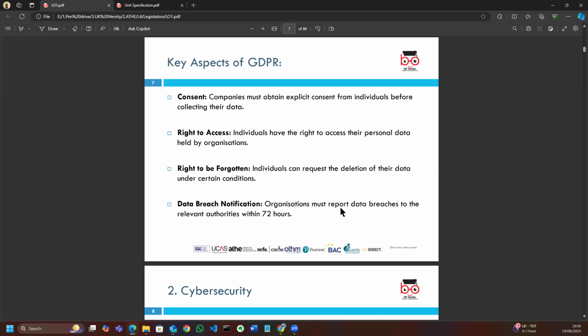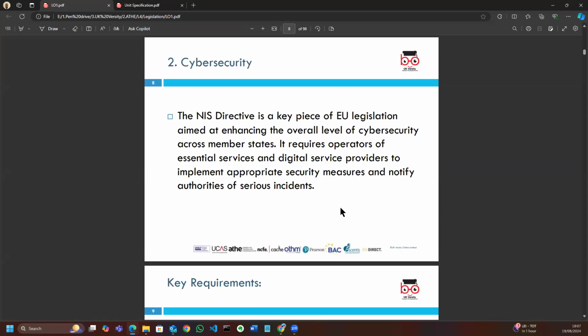Normally after a while, companies ask their customers if it's okay to delete the data regarding the subject. So we have the right to be forgotten, where individuals can request deletion of their data. And data breach notification, where organizations must report data breaches to the relevant authorities within 72 hours.